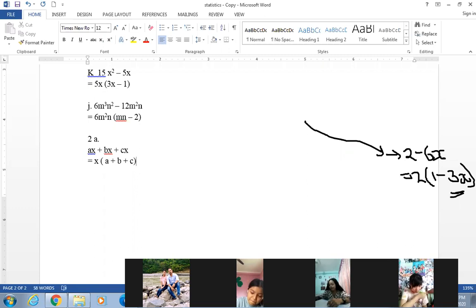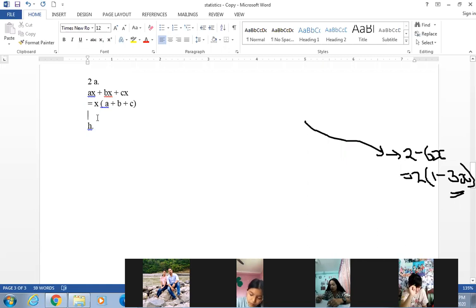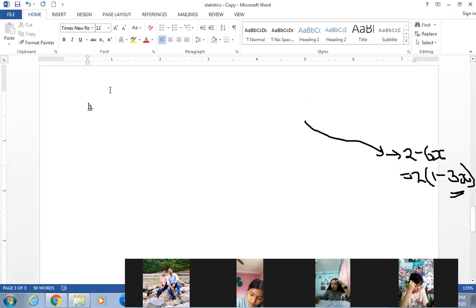Okay, so let us see question number h. So in question number h, what is written over here? 15a square b plus 9ab.